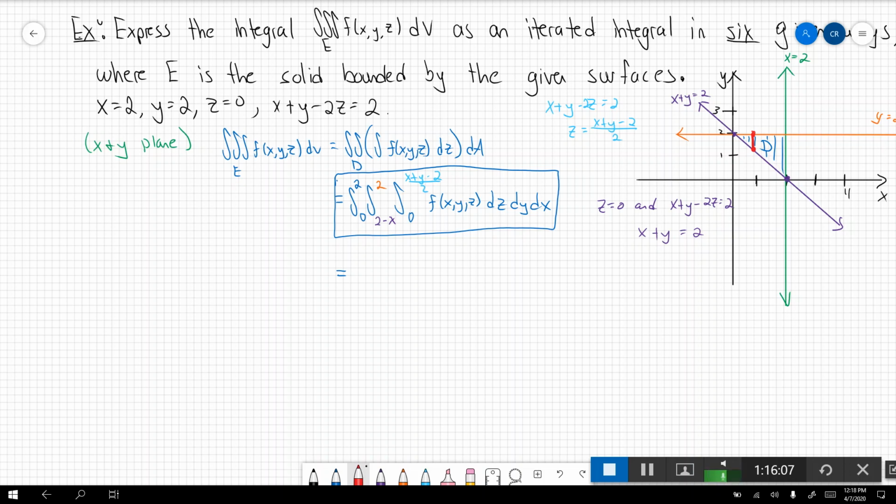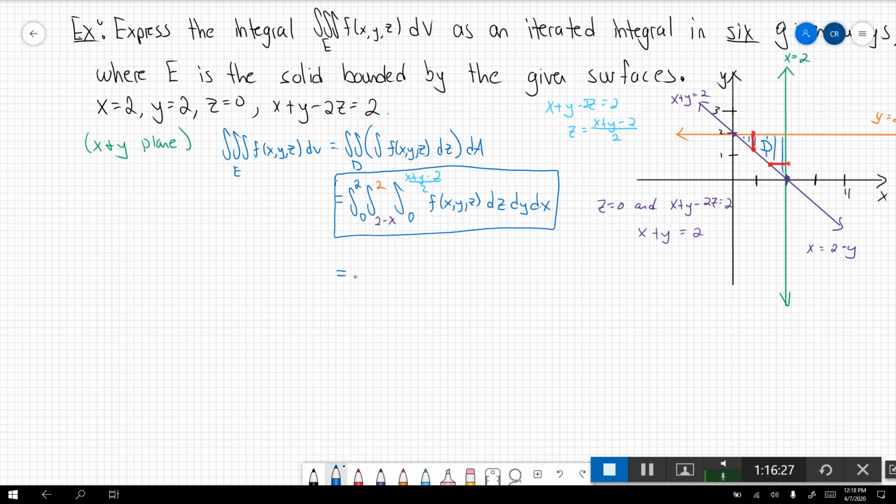So look at this horizontal height here. This means that our x's are going to change first. So the x's in this particular case go from x is equal to 2 minus y all the way up to x is equal to 2.